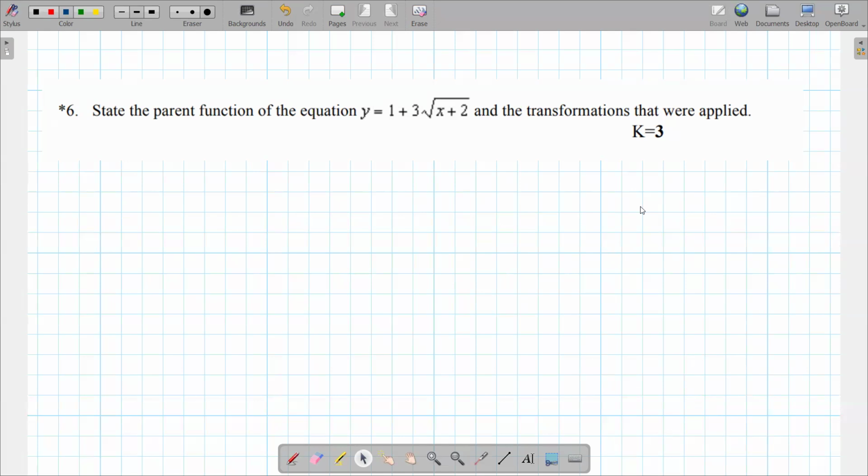What's AKDC? Let's start there. For this function, what's AKDC? Is A 1 or is A 3?